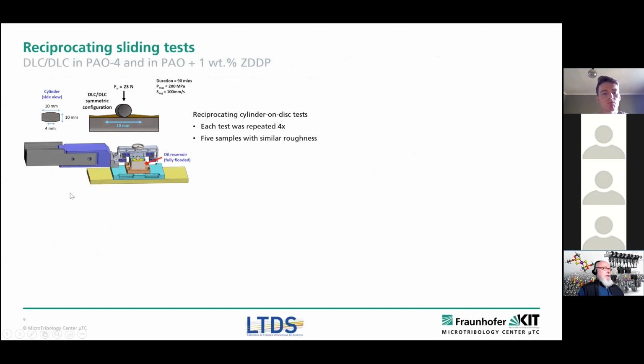In Lyon, they performed experiments with a cylinder-on-disc tribometer, where they coated both the cylinder and disc with a DLC and looked at friction and wear.